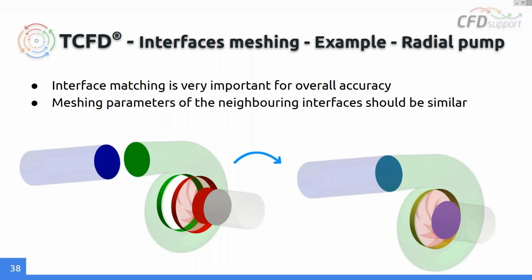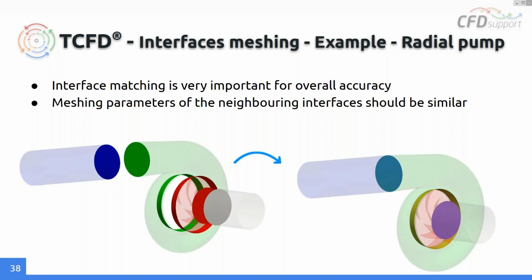Then we have an example for interface meshing, because it's also important and can improve your mesh quality and your results. So interface matching is very important for overall accuracy. This is basically done by the input STLs, if the STLs match perfectly. And then the meshing parameters of the neighboring interfaces should be similar, to have, let's say, the same amount or the same topology of the mesh at both sides of the interfaces.